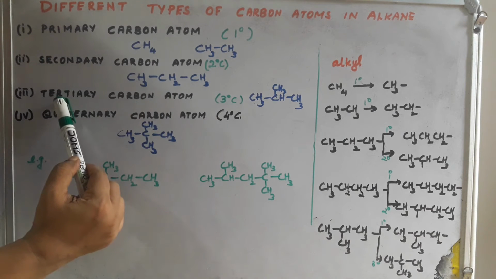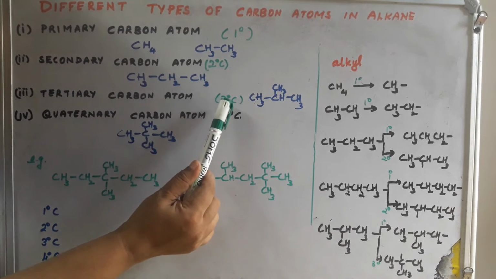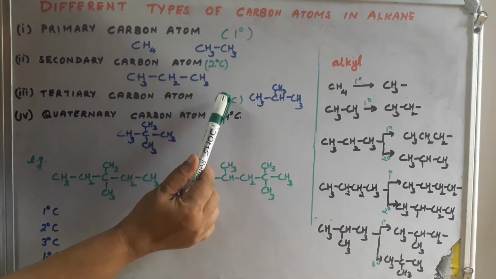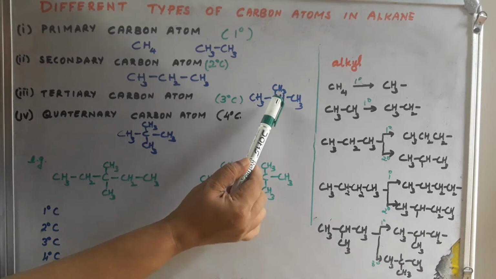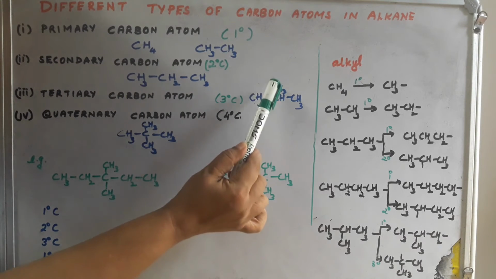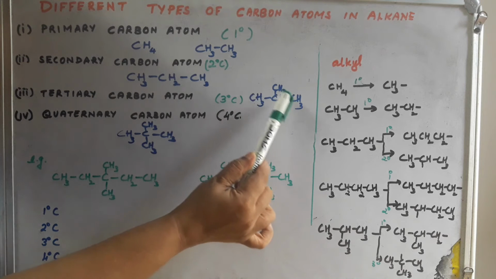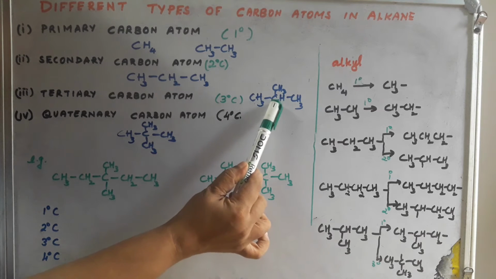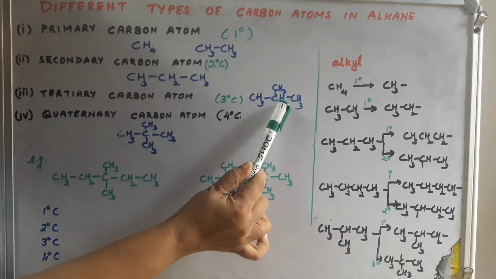Now let us see the third type, that is the tertiary carbon atom. A tertiary carbon atom is denoted by the symbol 3 degree, and this is a carbon atom which is connected to three other carbons. So this is a tertiary carbon atom which is connected to 1, 2, 3 other carbons. So this center carbon is called tertiary carbon, and the hydrogen attached to it is called tertiary hydrogen.